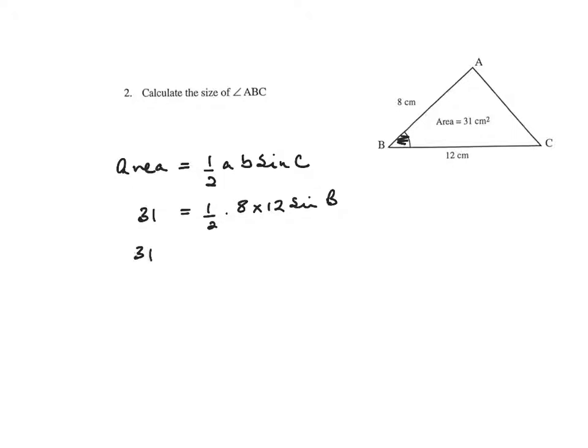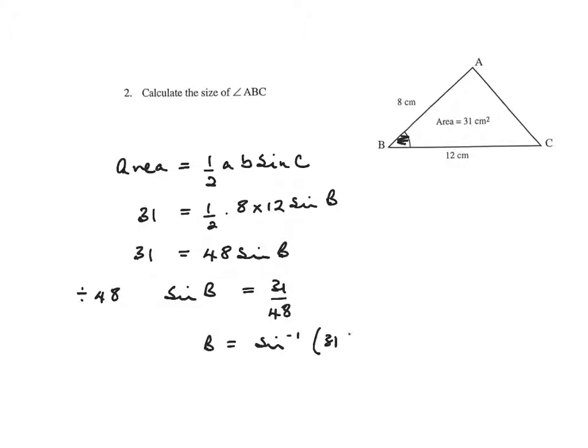So 31, 1/2 of 8 is 4, 4 times 12 is 48. And then divide both sides by 48. Sine of B is 31 over 48. And B equals sine to the minus 1 of 31 over 48, which gives us 40.2 degrees.